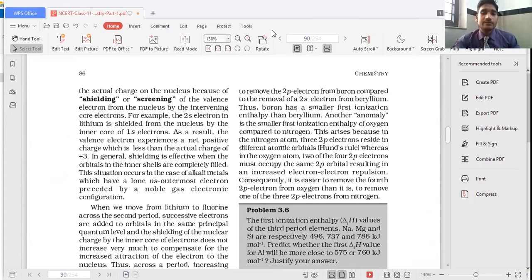One phenomenon I have to tell you. This is called shielding or screening. What is shielding or what is screening? I will have to draw the same thing again. Just wait a minute. Let me get a whiteboard.